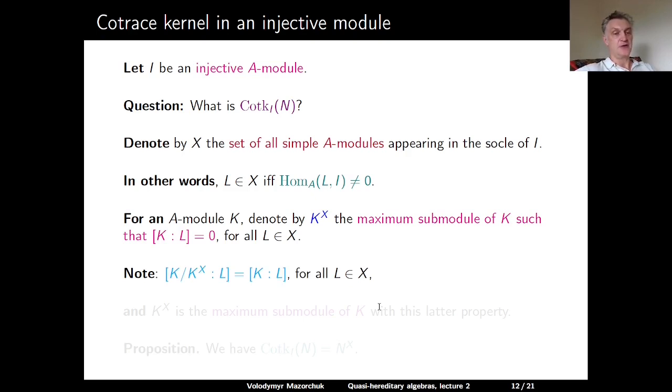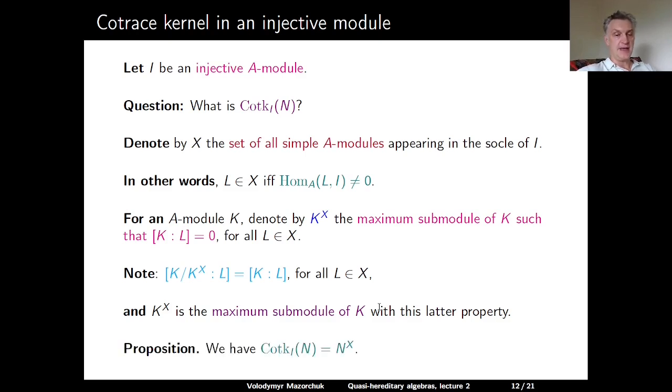Note that if we factor K^X out of K, we will get a module such that the multiplicity of any L in X in this module coincides with the multiplicity of L in the original module K. And by definition, K^X is the maximum submodule of K with this property. So we claim that the cotrace kernel of N in our injective module I coincides with N^X.